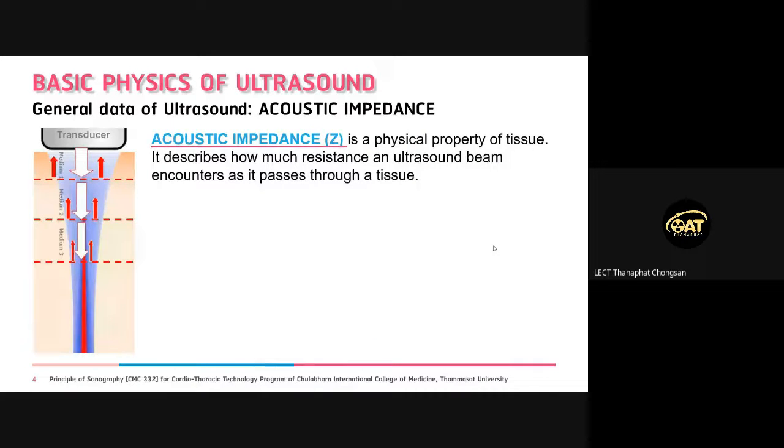Okay, in this slide we can see the formula for acoustic impedance. Acoustic impedance is a physical property of tissue. These are some of the factors about ultrasound waves. I would like to explain from that formula.